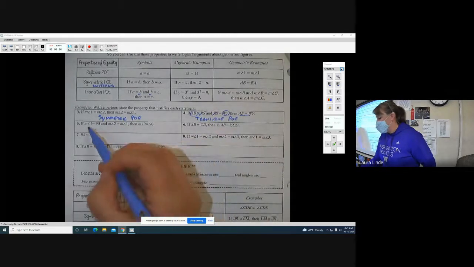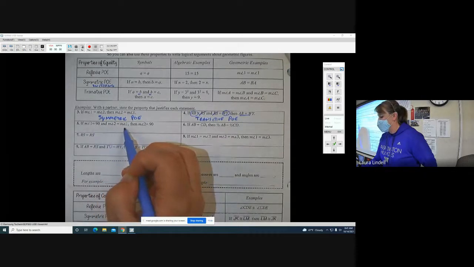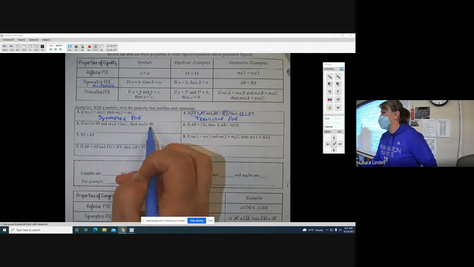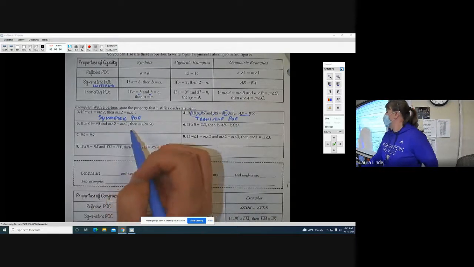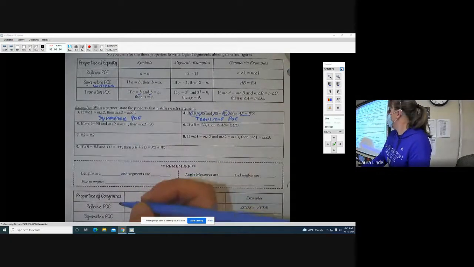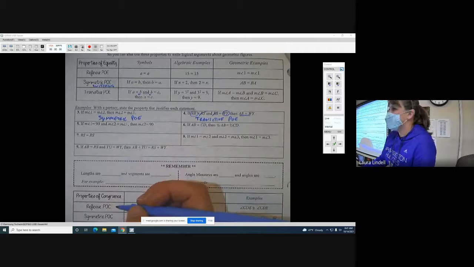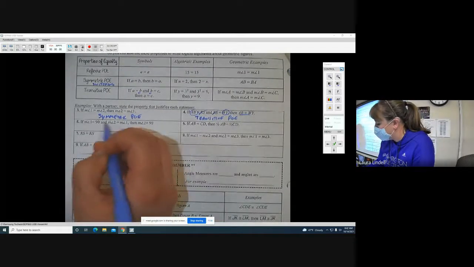All right. This one, if measure of angle 1 equals 90 and measure of angle 2 equals measure of angle 1, then measure of angle 2 equals 90. That one looks like transitive. It's also, so this one's kind of one of those ones that could either be substitution or transitive. I could see an argument for both because these two middle things here are not the same. The end ones are.